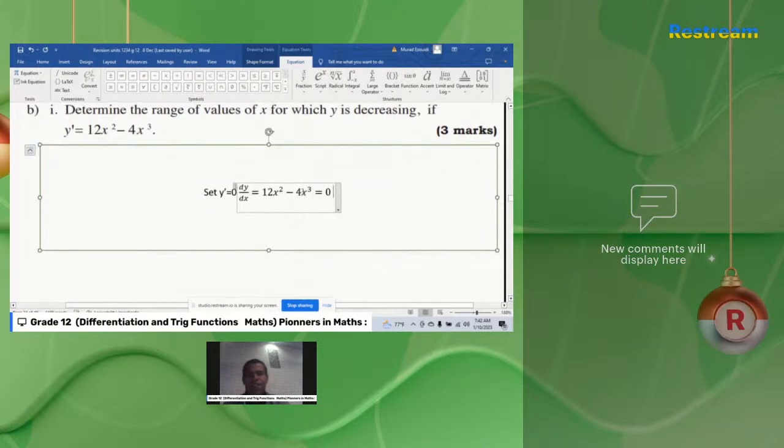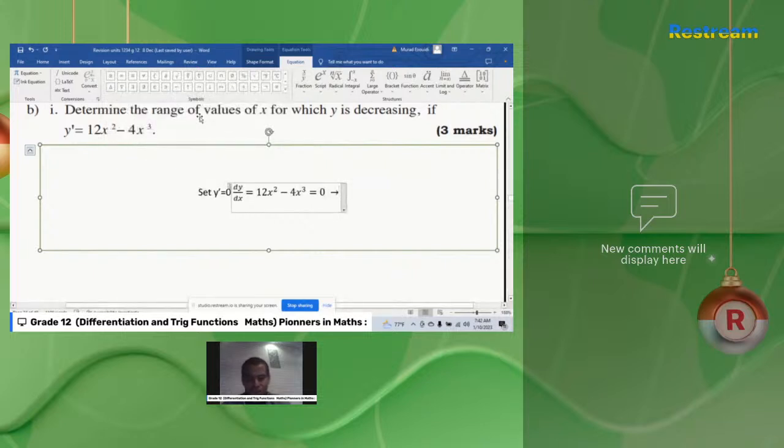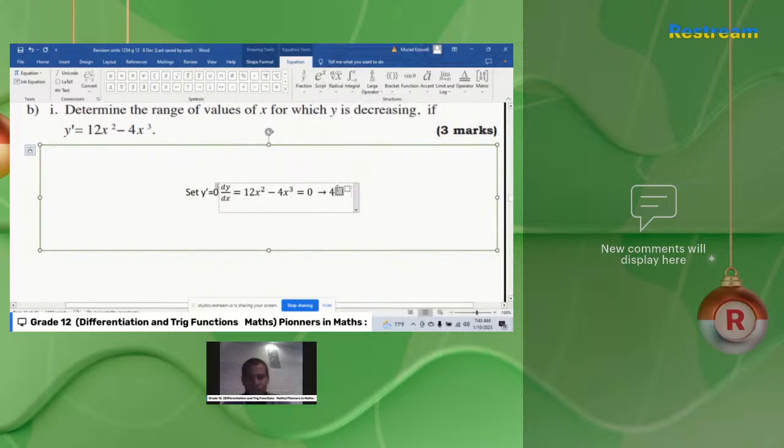You can see that 4x squared is a common factor. So 4x squared, between parentheses, 12x squared divided by 4x squared is 3, then minus x, then close the parentheses. This equals 0.